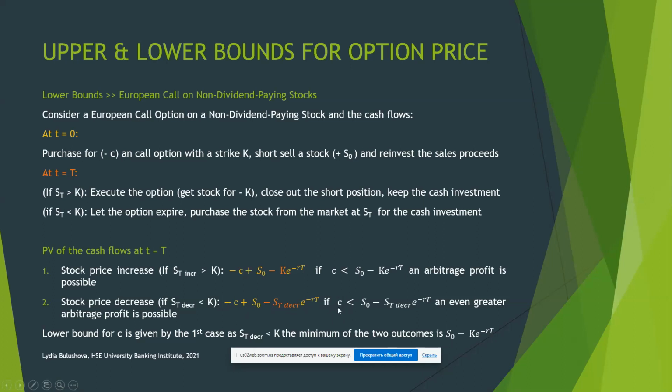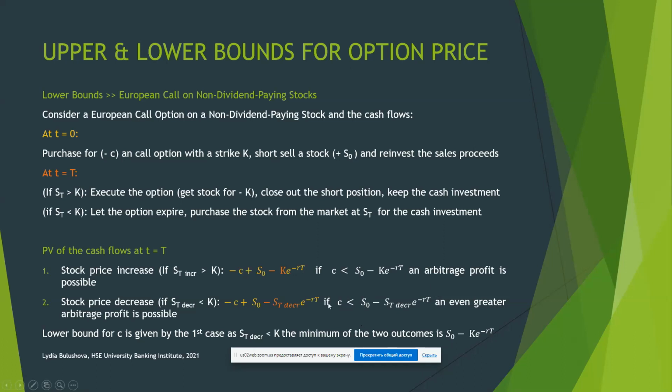If a call option premium is less than the difference between the asset price present value and what we get from the operation with stock and future, and this is a profit generating operation, then we can just purchase an option for a small portion of money and generate profit.